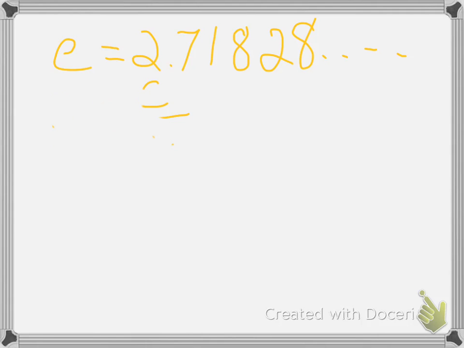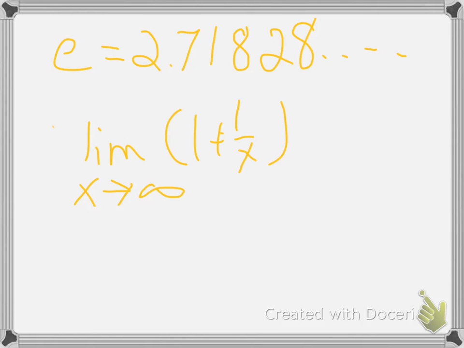And it's actually going to connect to our study of limits. It comes from Bernoulli, who was trying to find the limit as x goes to infinity of (1 plus 1 over x) raised to the x power. And if you notice, let's try some values to see what this function is converging to.